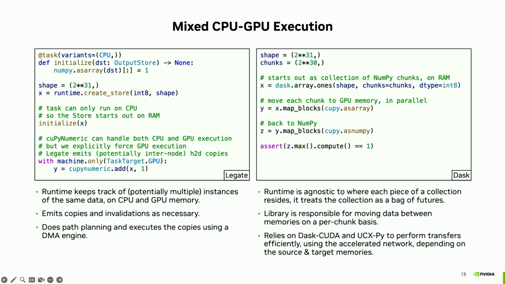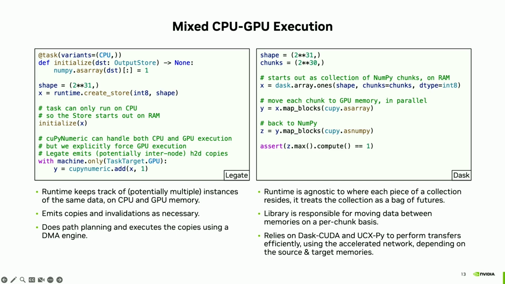In the case of Dask, again, as far as the runtime is concerned, a collection is a series of futures. So each of the futures could reside in CPU or GPU memory, and it all depends on where the task runs, where that node in the task graph executes. So it's more of the library's responsibility at the task definitions level to move the data where it's going to be needed.